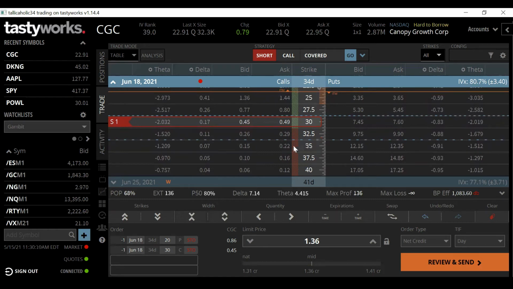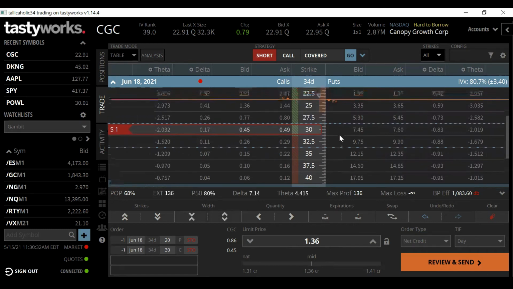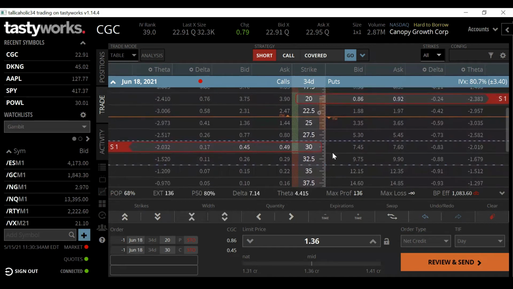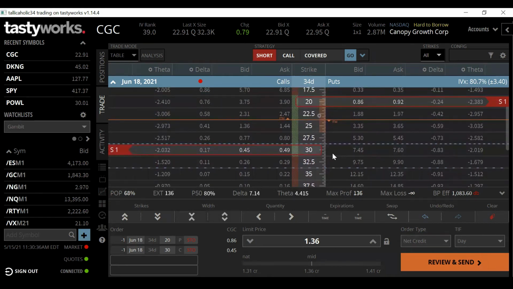We now have to purchase 100 shares at $35, and then we have to sell them back for $30 a piece, subtracting that 136. So that's our credit received. We do get to subtract that 136, but we're still buying back at $35 and selling back at $30. So that's our max risk to the upside.